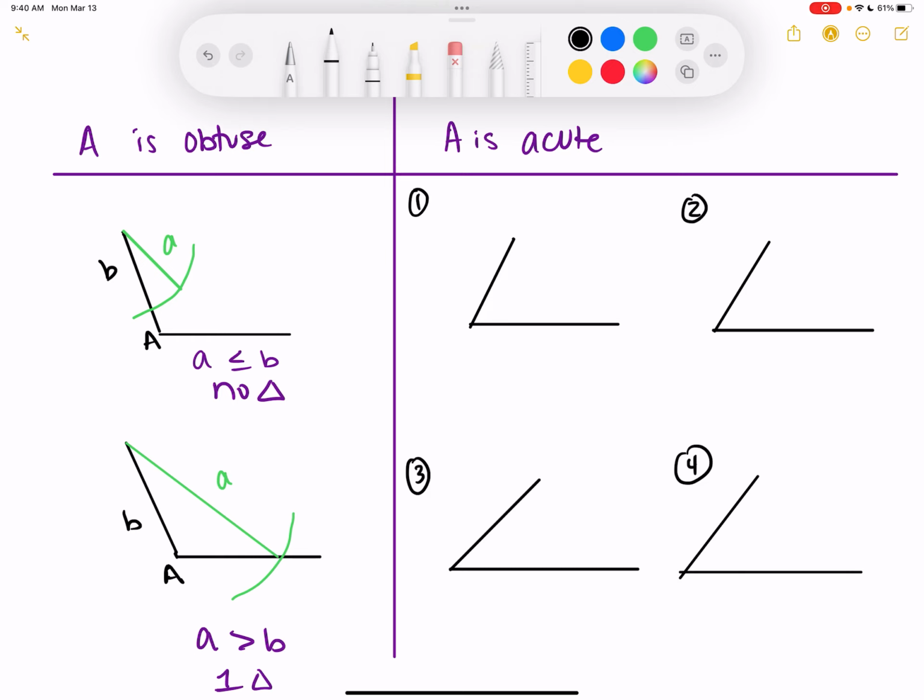And I'm labeling them so that if you're going back, you can see quickly which scenario you're looking at.